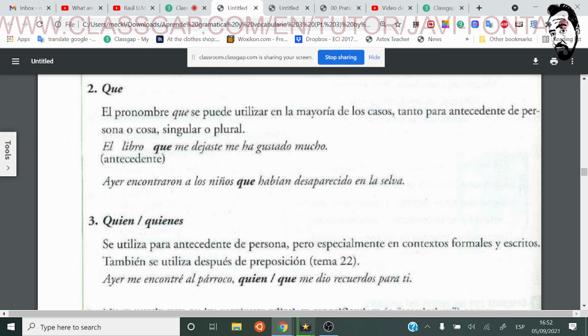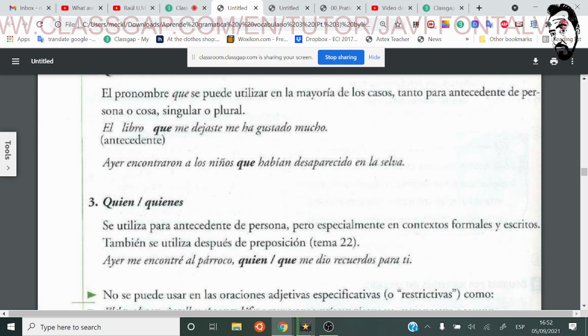You could also say quién or quiénes, although this is a high register expression. Usually we use this one more in written Spanish or in formal Spanish.